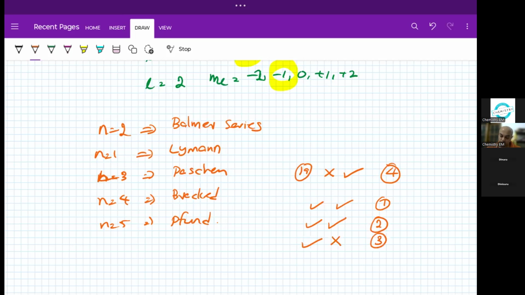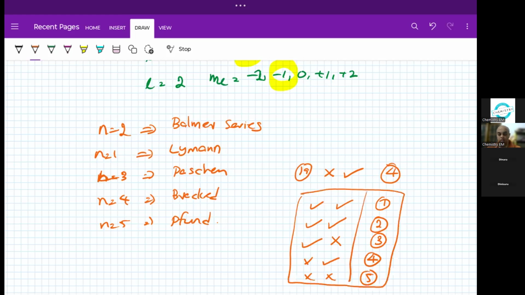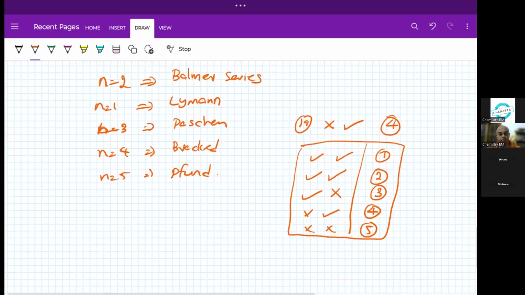If the first statement is correct, the second statement is also correct, and the second statement explains the first, then the answer is the first one. If both are correct and the second is independent of the first, then the answer is the second. If the first is correct and the second is wrong, the answer is the third one. If the first is wrong and the second is correct, then the fourth one. If both are incorrect, the answer is the fifth one. So this is how you work out the correct choices.